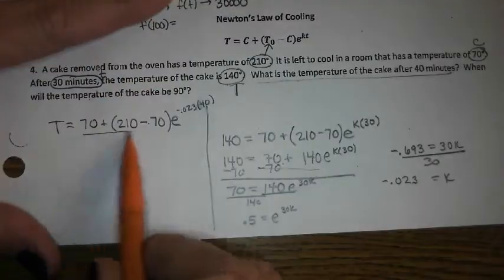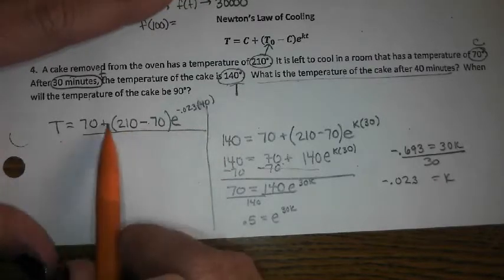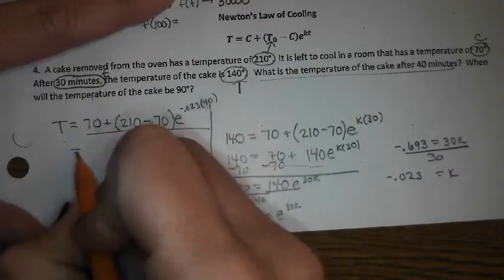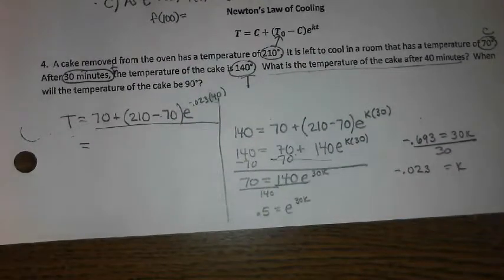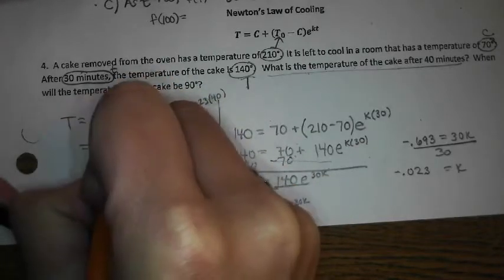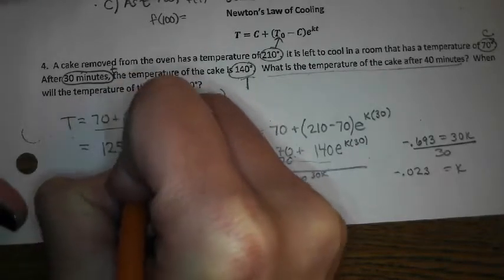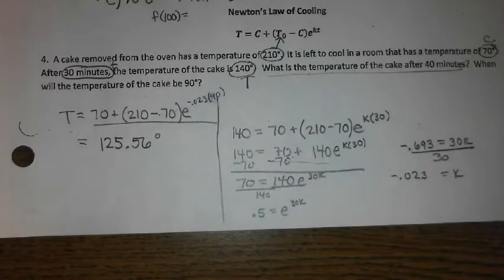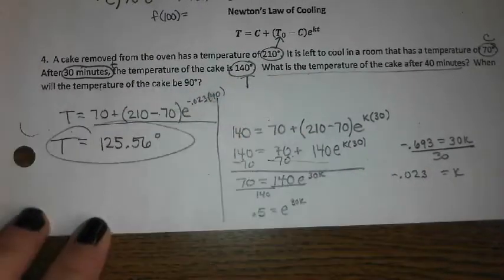So this one's nice because the variable we're solving for is already by itself. We can just number crunch. Type this exactly as you see it into your calculator. And what did you get, Liam? Which is lower than 140, like we thought.